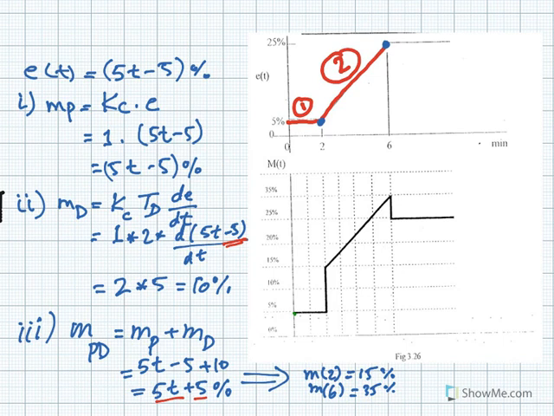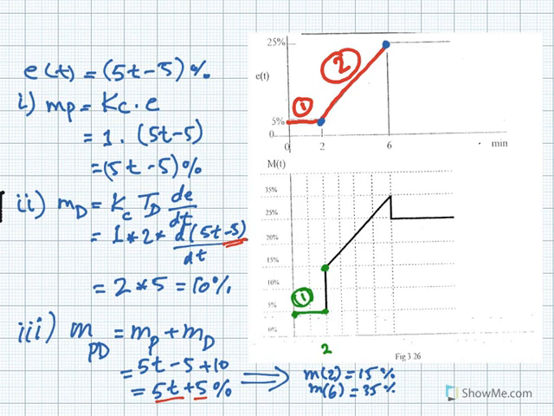So now we come to the drawing. We are done with this part, so this is already step 1. Now we are here. As we have said, this is 2 minutes. We got 15% at 2 minutes.